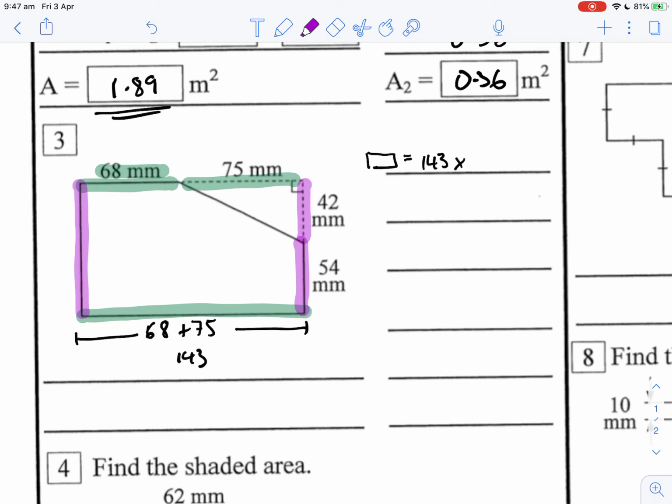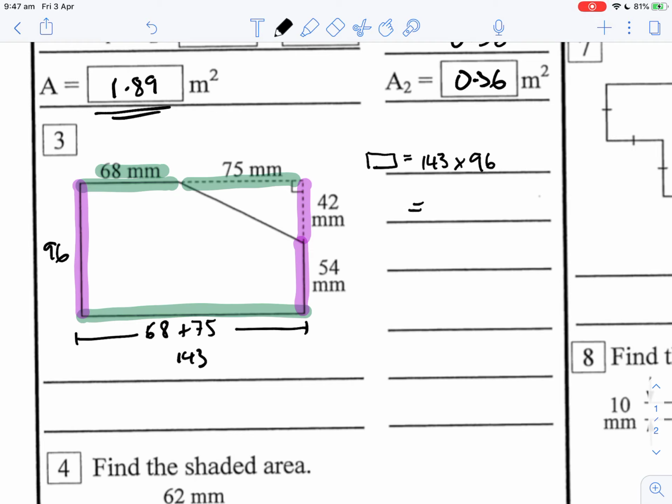So 42 plus 54 is going to give me 96. So I've got 143 times 96 altogether. So that's going to give me 13,728. I'm just going to double check that. That sounds reasonable though. Yep.